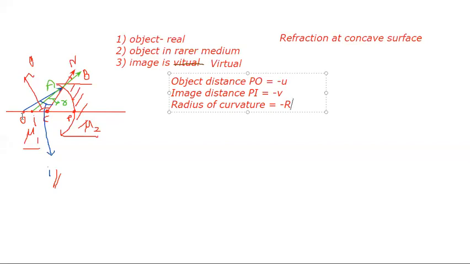Now from triangle AOC, what can we write? We can write sin i by CO is equal to sin theta by AO.